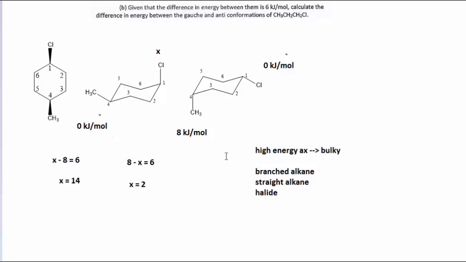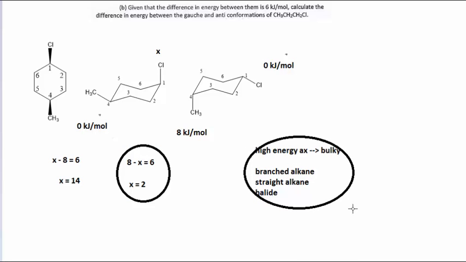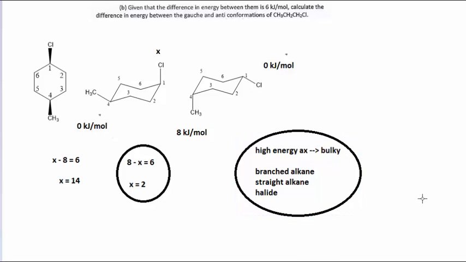So we know that the methyl group should be higher in strain energy than the chlorine. So if the methyl is at 8, we know that the chlorine must be at 2, because how could the chlorine contribute more strain energy than the methyl if we'd taken this to be true? How could it contribute 14 as opposed to 2? So this is the equation we'll accept as true.